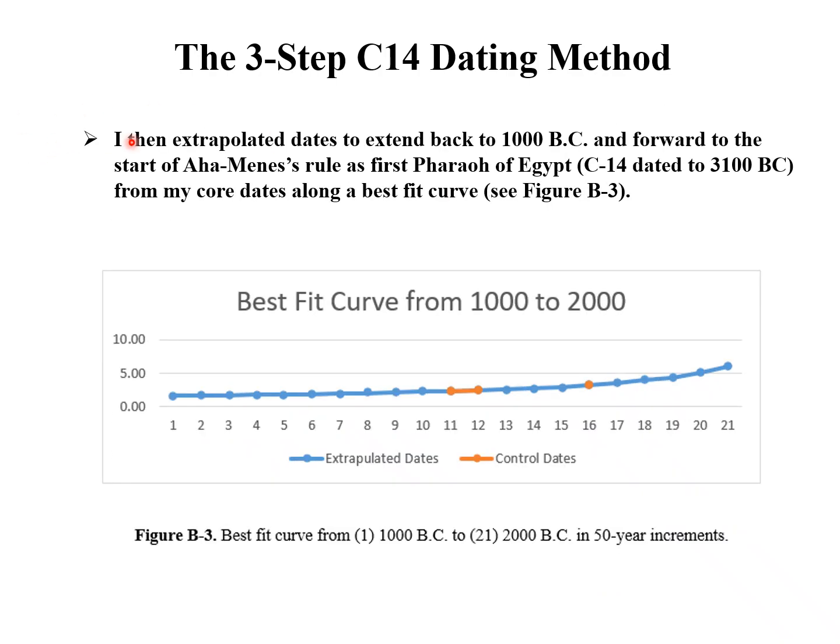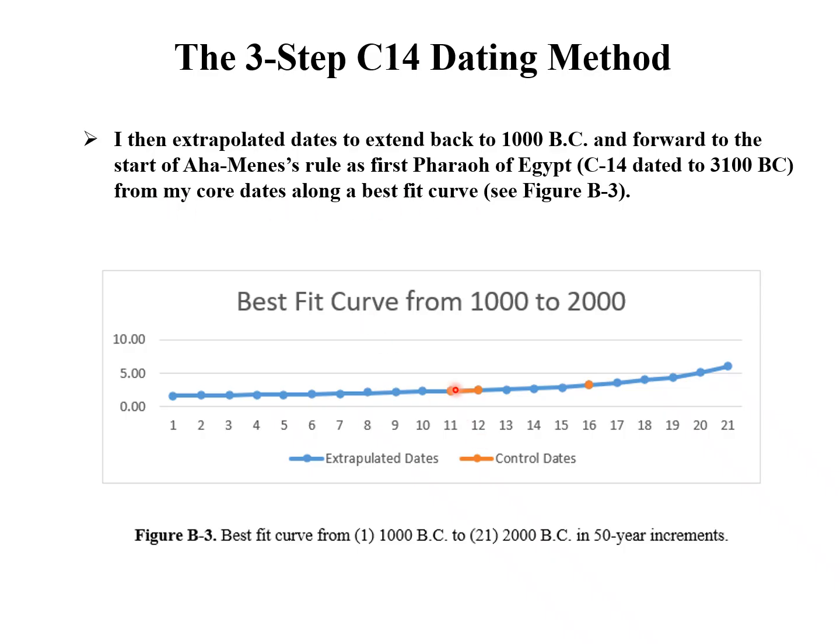So here in the next step, I then extrapolated dates to extend back to 1000 BC and forward to the start of Ahamen's rule as the first pharaoh of Egypt. We have that date as 3100 BC, that carbon-14 date, and from my core dates along the best fit curve.